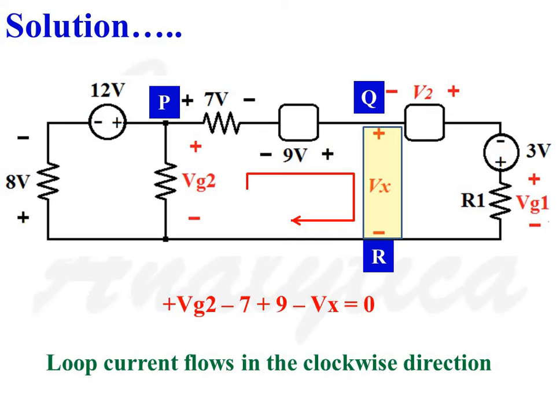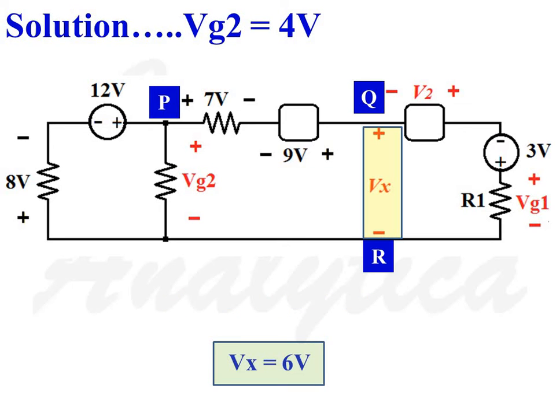We know that Vg2 is equal to 4 volt, so we can write 4 minus 7 plus 9 minus Vx is equal to 0. Rearranging the terms, we get Vx is equal to 6 volt.